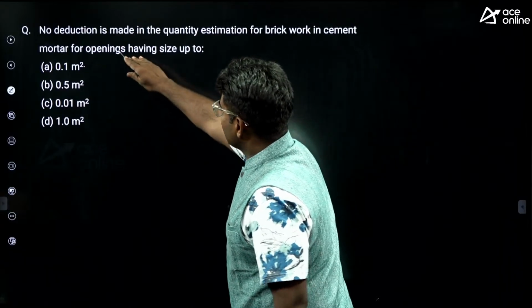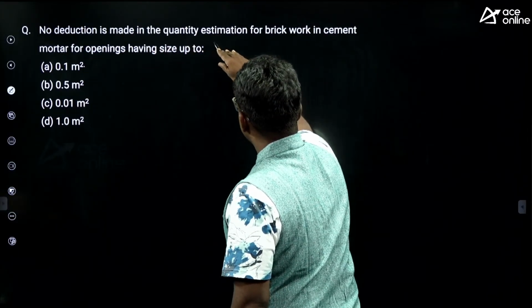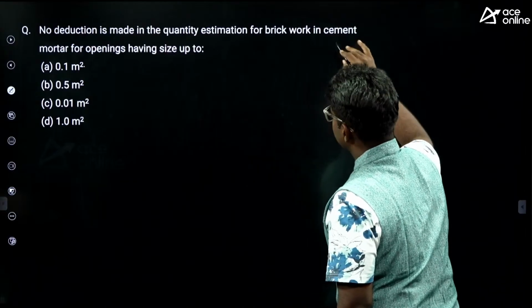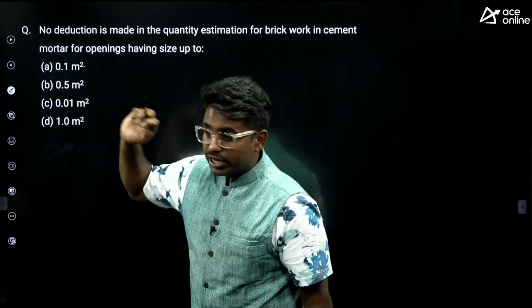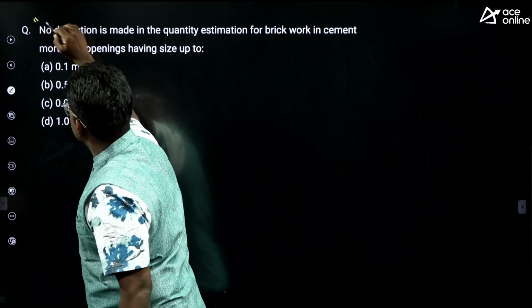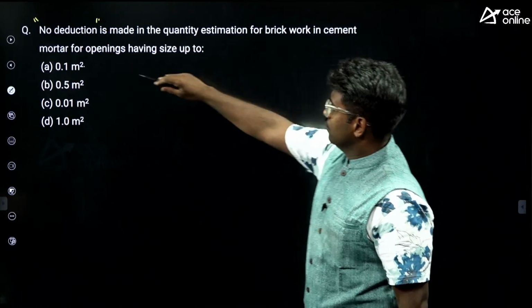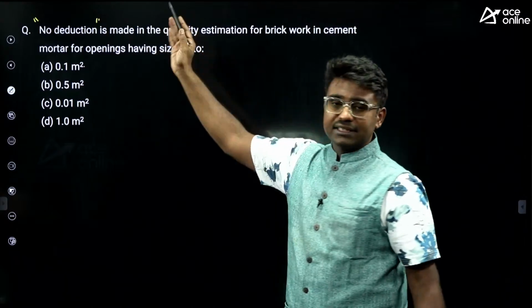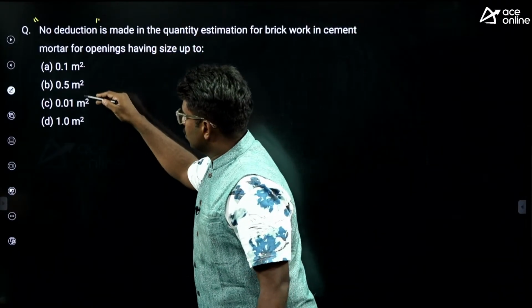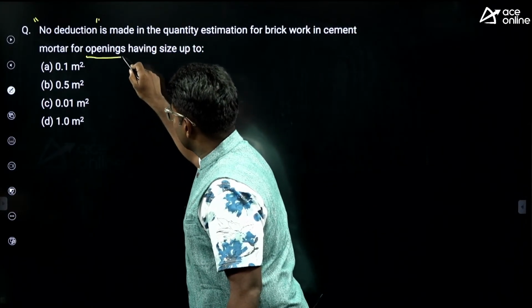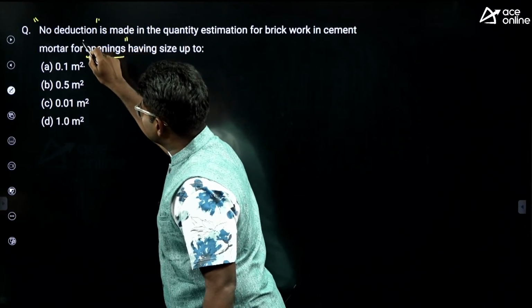Okay. No deduction is made in the quantity estimation of brickwork in cement mortar for openings having size up to what? Check the question. Openings, guys. We have a topic for openings.